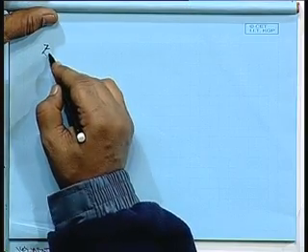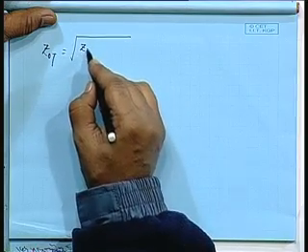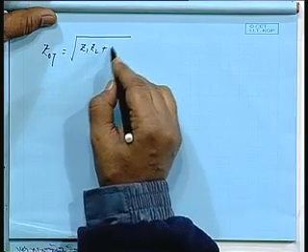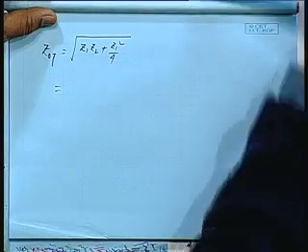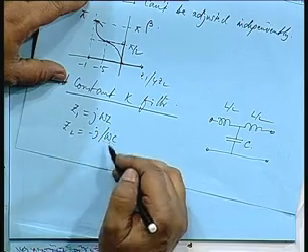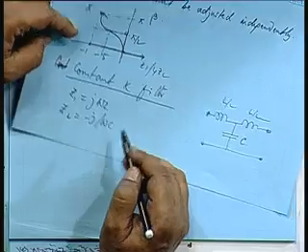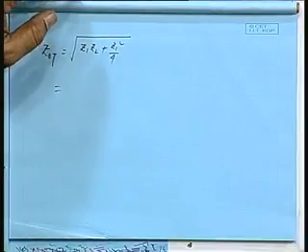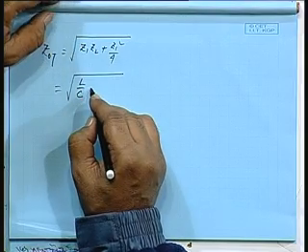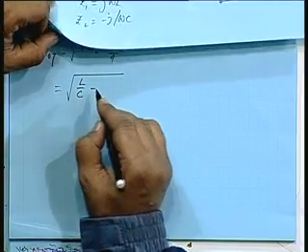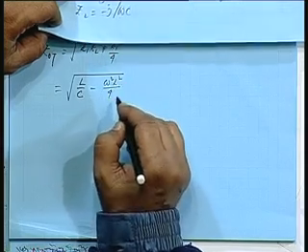So, Z O T is root over of Z 1 Z 2 plus Z 1 squared by 4, and Z 1 Z 2, if you take the product Z 1 into Z 2, it is omega L multiplied by 1 by omega C. So, L by C, okay, root over of L by C plus Z 1 squared by 4 will be giving me minus omega square L squared by 4.